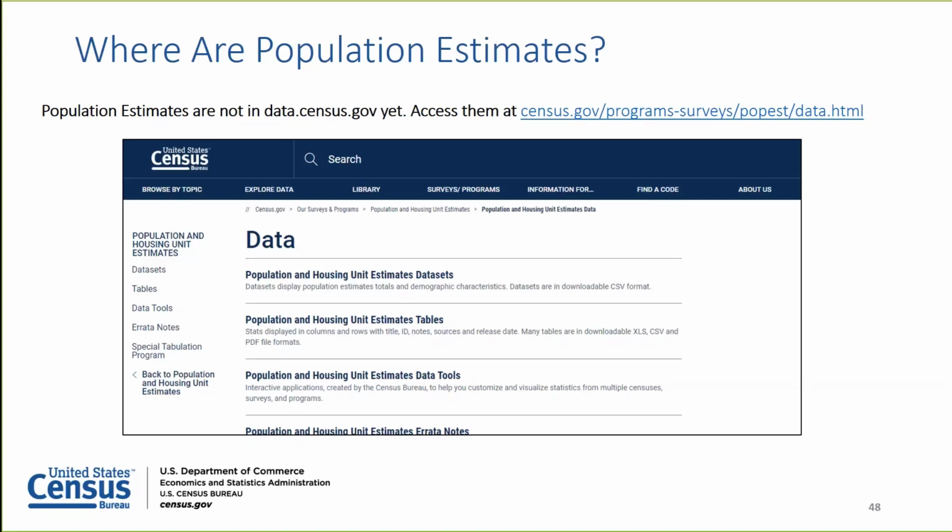So not only are they having to learn the site, but they're having to learn how to deliver to the site. We hope in the next couple of months that we'll have population estimates in data.census.gov. Then they actually officially released, AFF was always a secondary system for them. They actually officially released on census.gov. If you're looking for that data, please go ahead and look there.